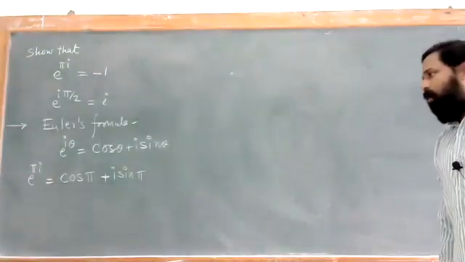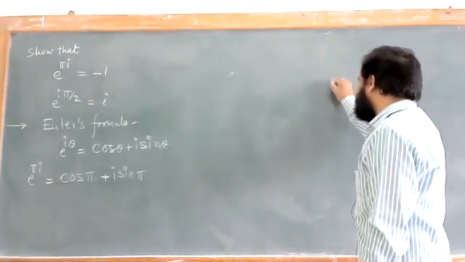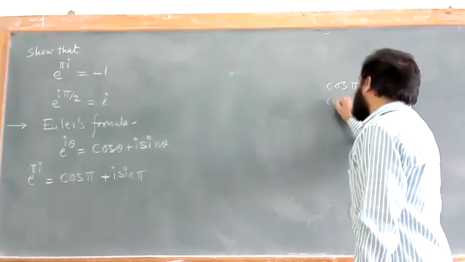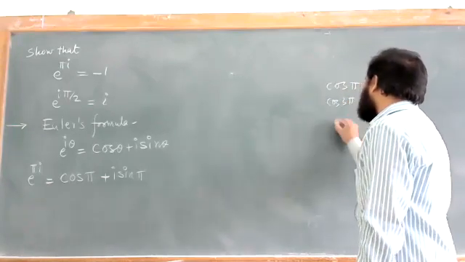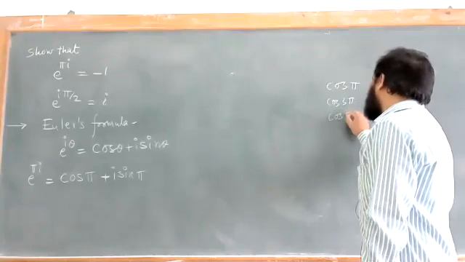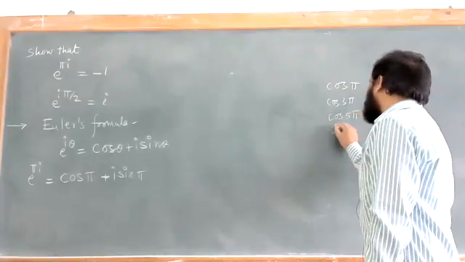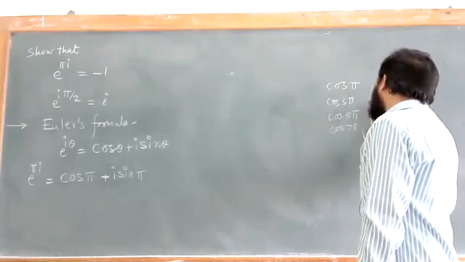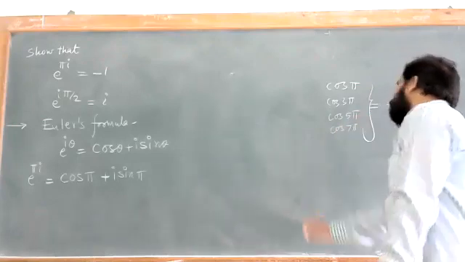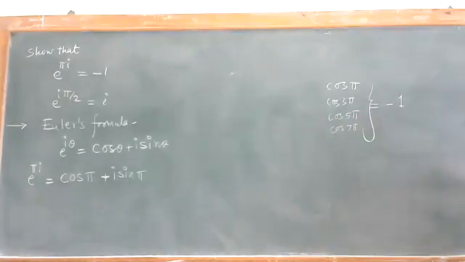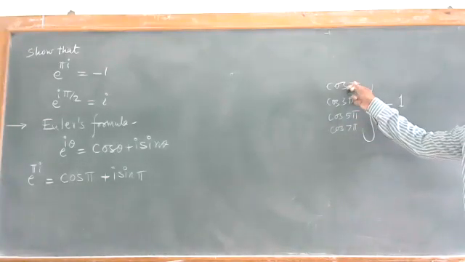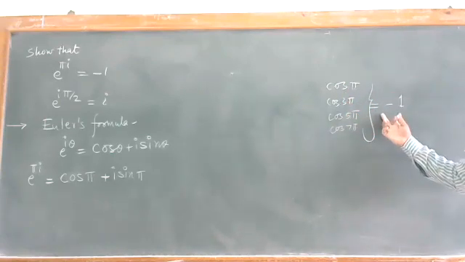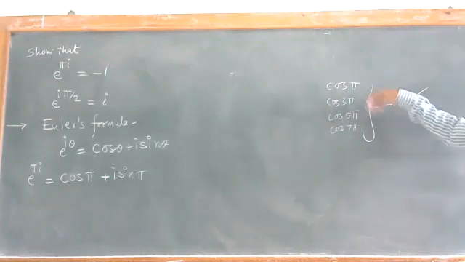So the value of cos of pi, remember this, the value of cos of pi, cos of 3 pi, cos of 5 pi, cos of 7 pi, या सगळ्याच्या व्हॅल्यूज जे आहेत these are nothing but minus values, that is equal to -1. Okay, आणि cos of 2 pi, 4 pi, 6 pi, 8 pi याची व्हॅल्यू होते +1. हे लक्षात ठेवा, हे आपल्याला परत यूज करायचं आहे.